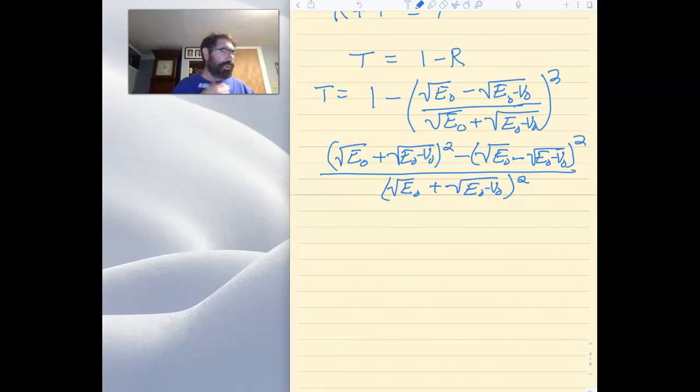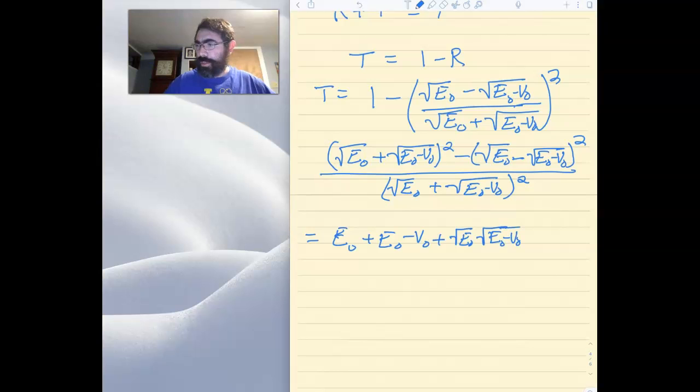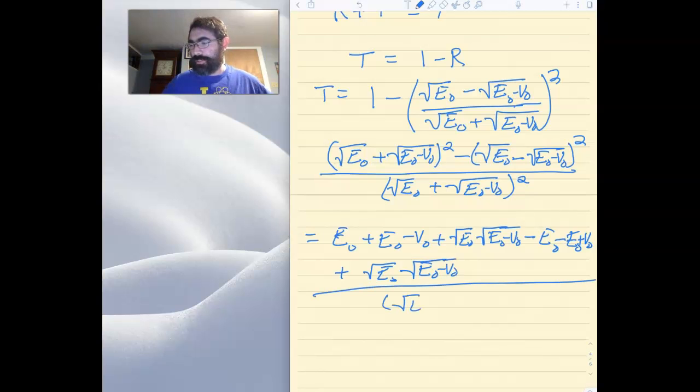Okay, so now we have to work out the algebra on that. And what you get is E naught plus E naught minus V naught plus the square root of E naught times the square root of E naught minus V naught, minus E naught minus E naught plus V naught, and then plus E naught times the square root of E naught minus V naught, all of that over this stuff squared.